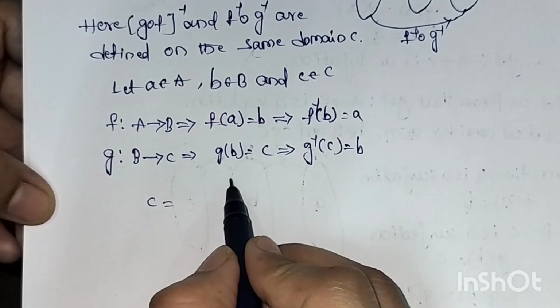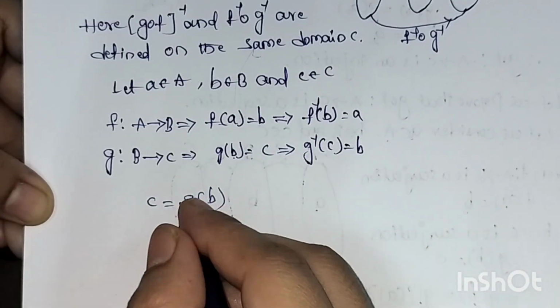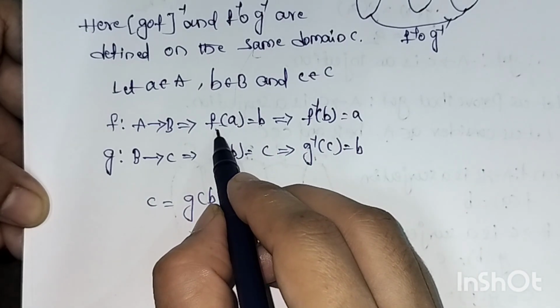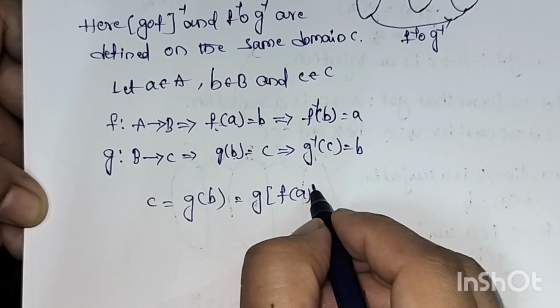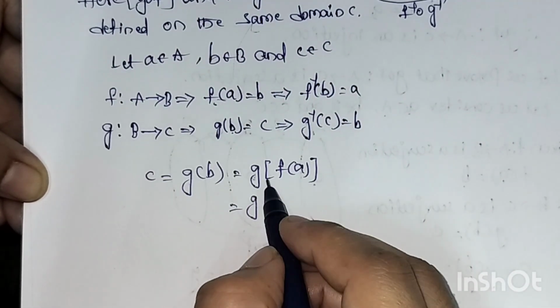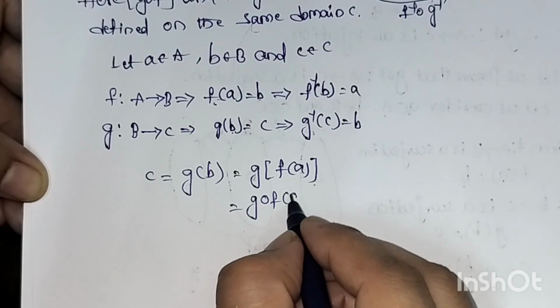I am taking this one: c equals G of b, that equals b equals F of a, so G of F of a. Remove the square bracket and add circle: G circle F of a.